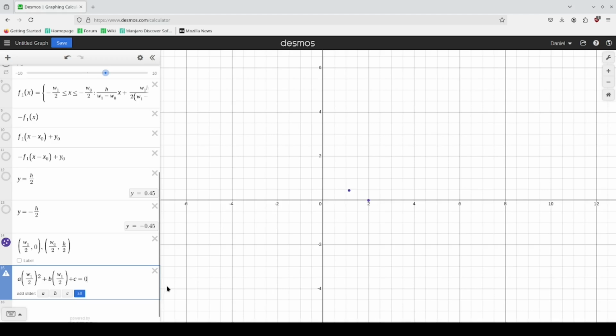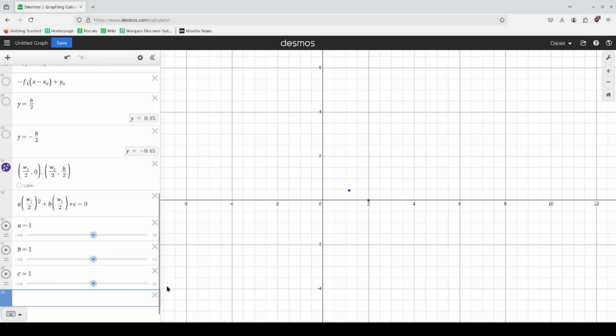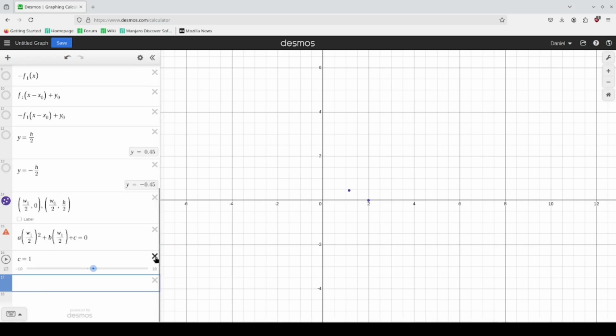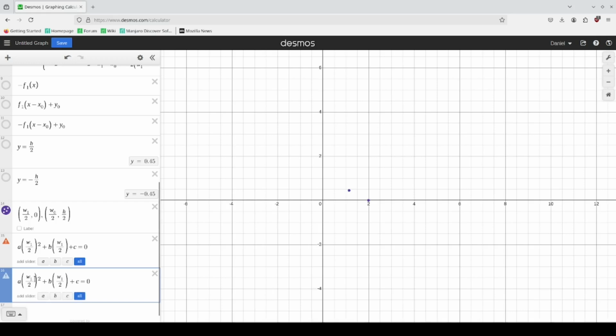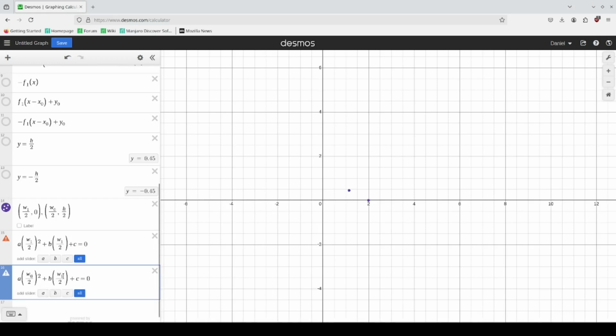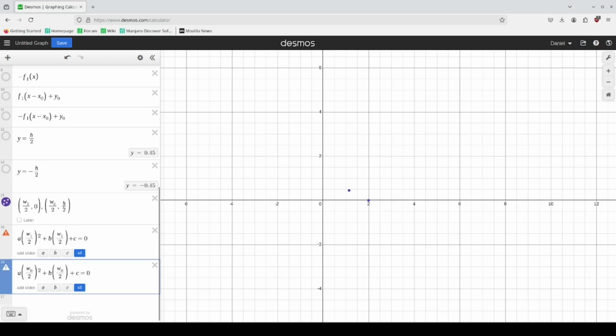And then the other piece that we have is, we don't need these. X is w0 over 2. In this case, y is h over 2.